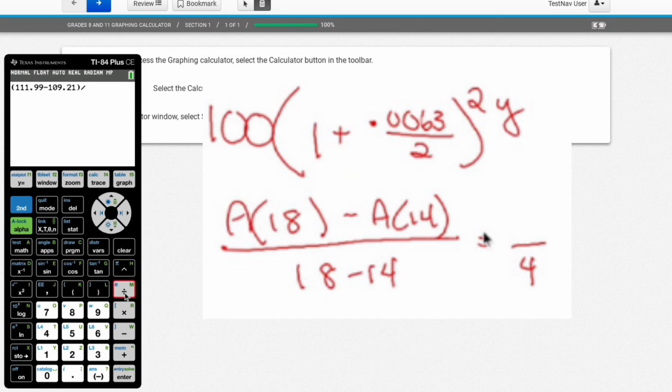And we're dividing that by 4 because of 18 minus 14. 0.695. Now this is money, so 0.695 means 70 cents.